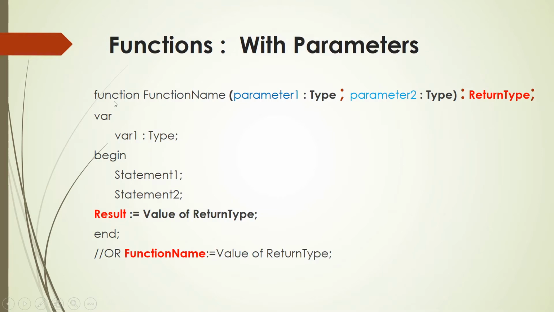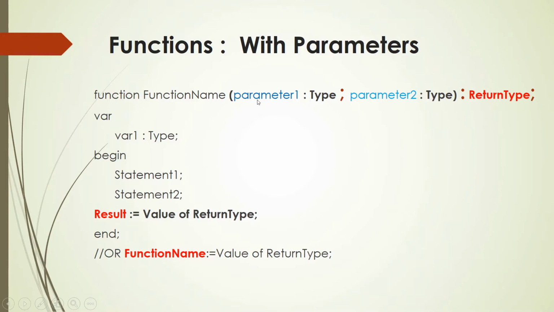Functions with parameters. The keyword function followed by the name of the function, and then in round brackets, your first parameter being brought in, colon, and the data type of this variable that's being brought in. You separate each variable that's been brought in as a parameter using a semicolon if they are of different data types.